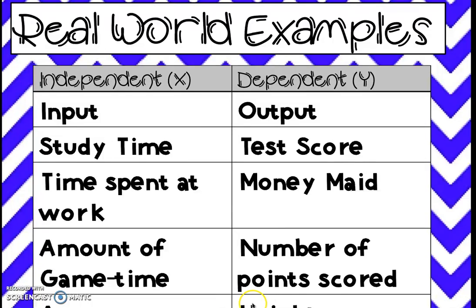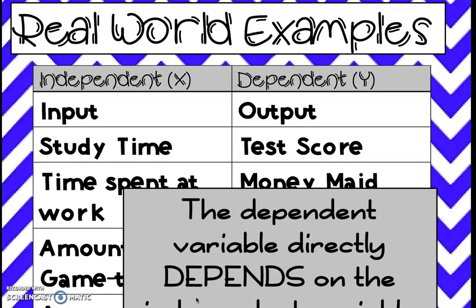Down here at the bottom it's kind of cut off, but we have age and height. Your age directly impacts how tall you are. When you're a little teeny tiny baby, you're very short, and then the older you get, the more you grow. So your height depends on the age that you are. Okay, we know that our dependent variable directly depends on that of the independent variable.